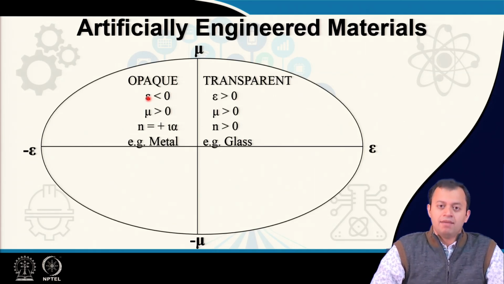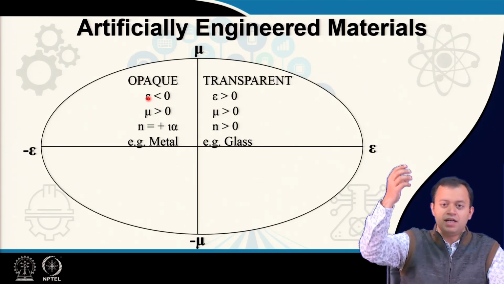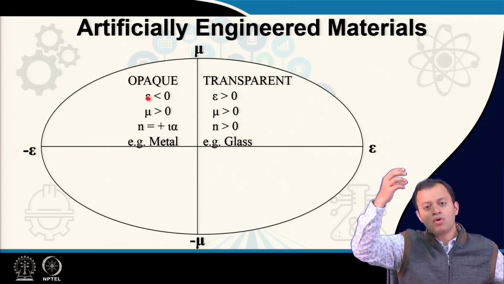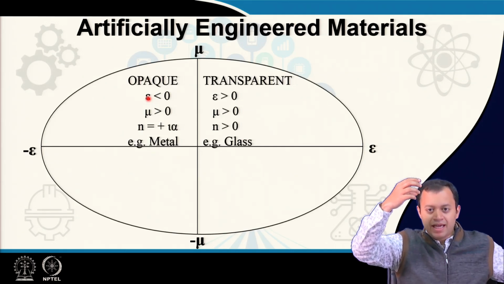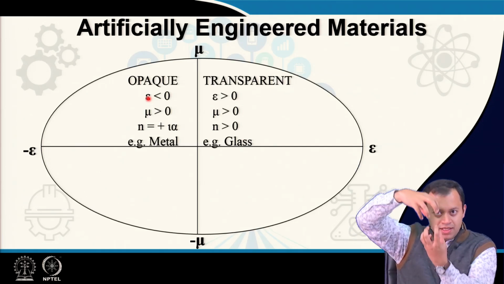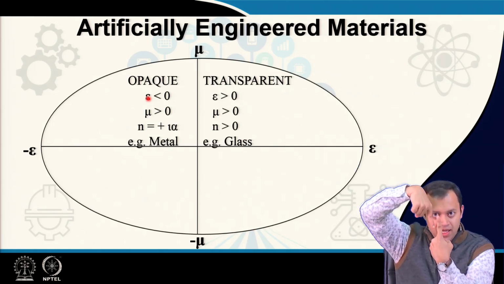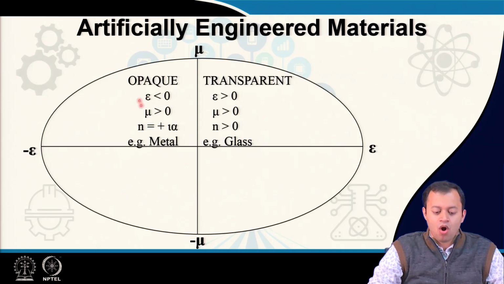So, any time an external light field comes with its own electromagnetic field, the electron cloud goes to screen it, goes to the opposite. So, the electric field that is generated inside the medium is anti-parallel, in a different direction. Naturally occurring metals have negative epsilon, hence a strong imaginary part.